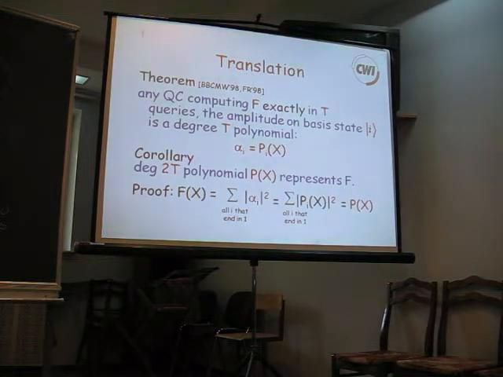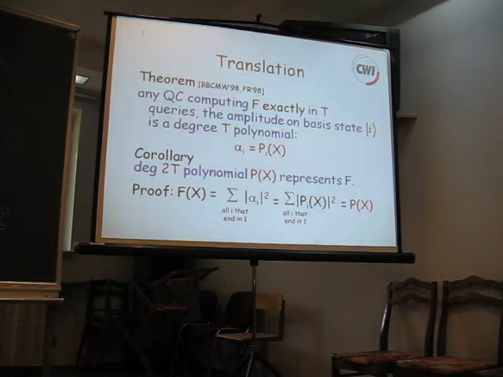So if you bear with me, and I will prove this statement in the next slides, then we have the following easy corollary, namely that there is a degree 2t polynomial that represents f. Why is that? Well, note here we have the function f, and we know that it has to be equal, if the algorithm is correct, to the amplitude that sits on the one.